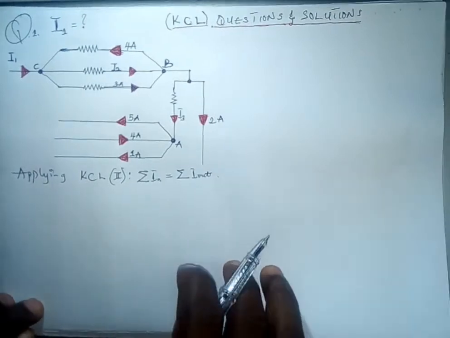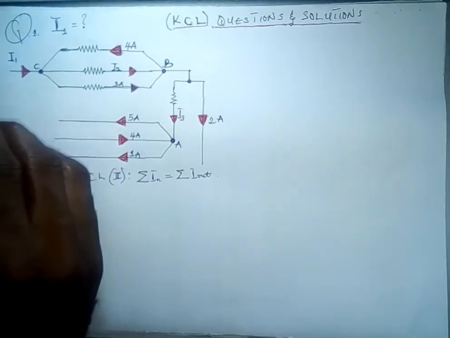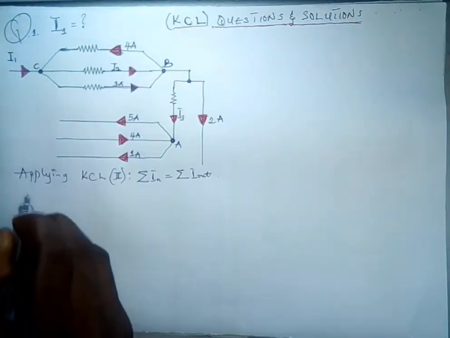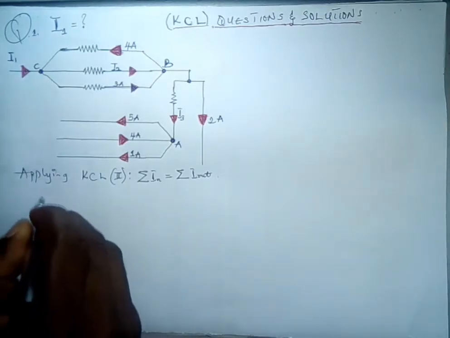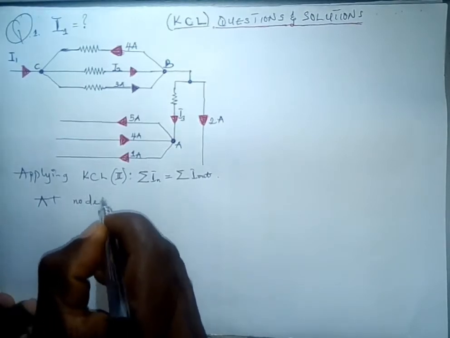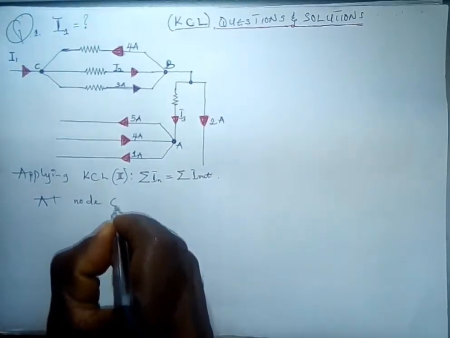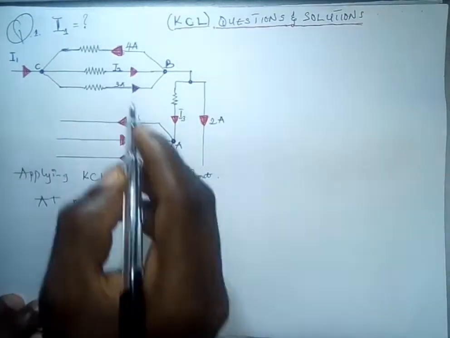We are looking for I1, which makes that our first unknown. Our I1 can be found at node C, so that's where we are starting from. At node C, what do we have? We have I1.